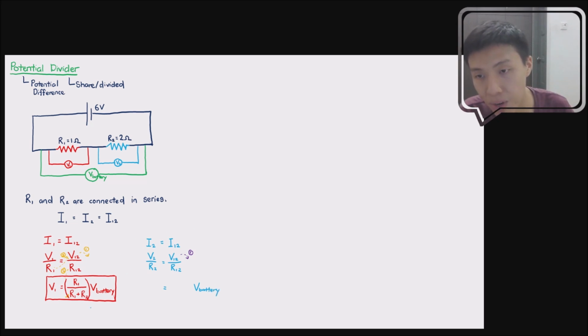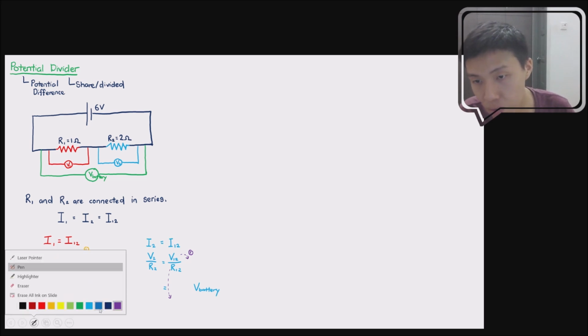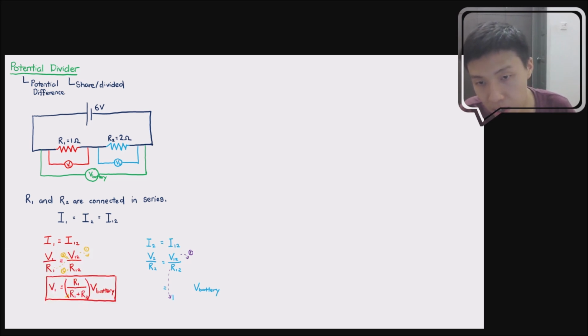Okay, then I'm breaking open R12. If I break open R12, what we get is R1 plus R2, because they are connected in series. And lastly, I can shift the R2 to the right hand side.